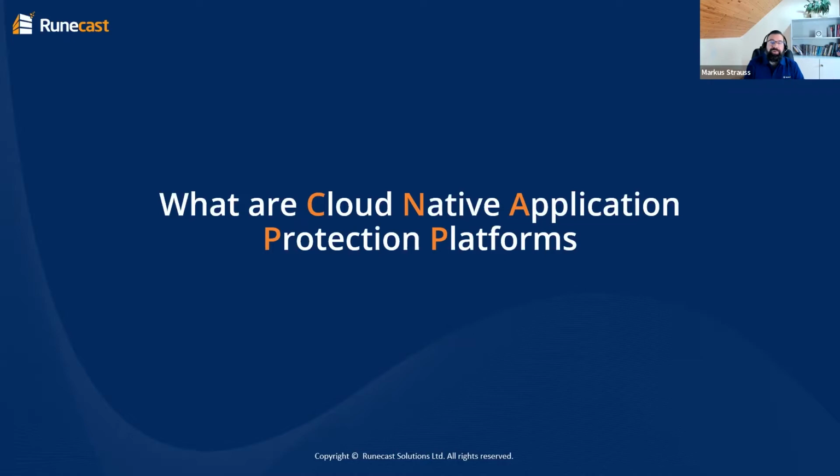We tend to forget about the existing, right? So it's really important to think of CNAPP as a holistic way of looking at the environment with the cloud native focus, because that's where the biggest risks are.